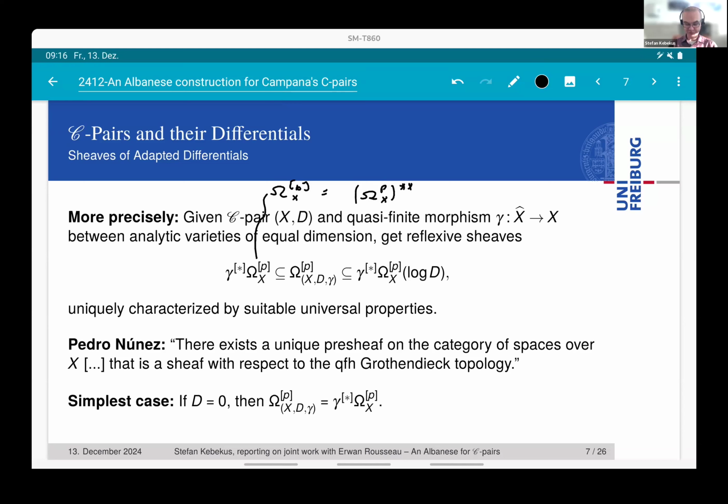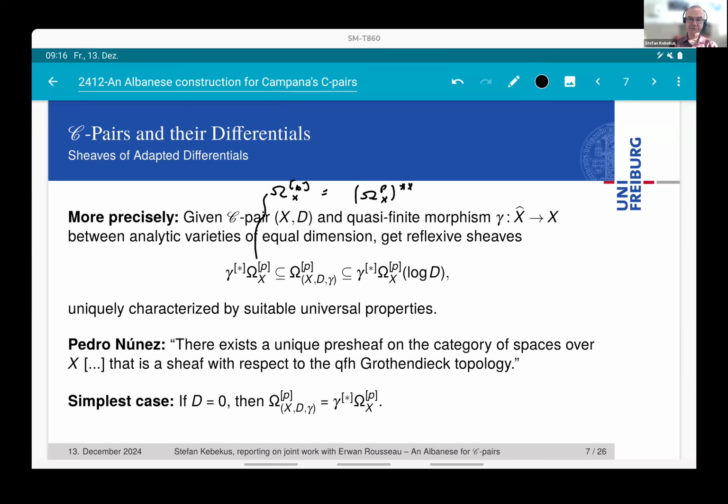And the sheaf of adapted differentials is simply the pullback of the reflexive differentials. And if your divisor becomes larger, then the sheaf of adapted differentials also becomes larger.